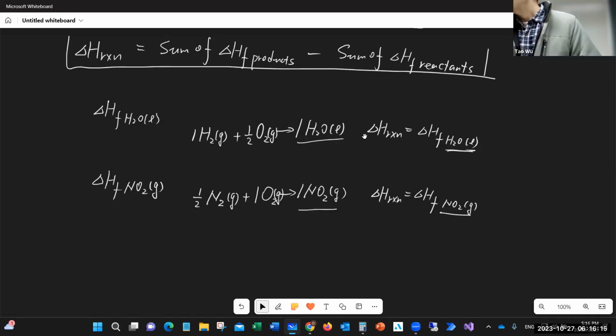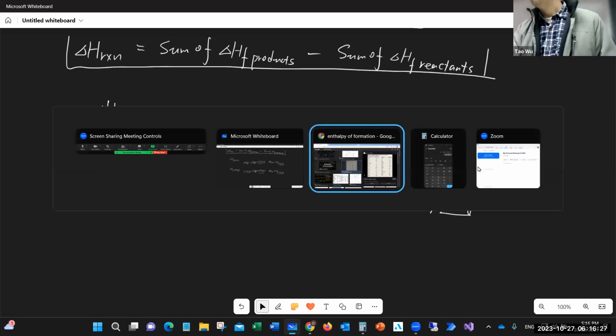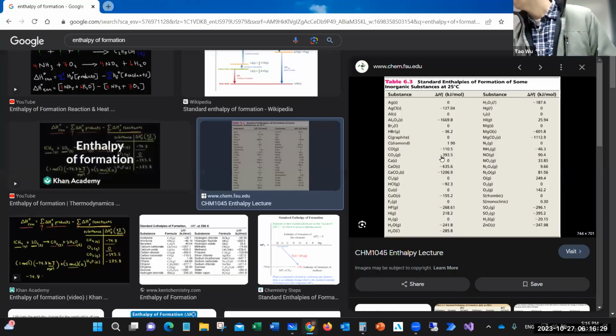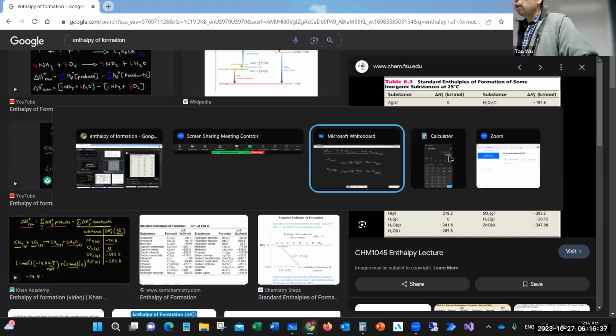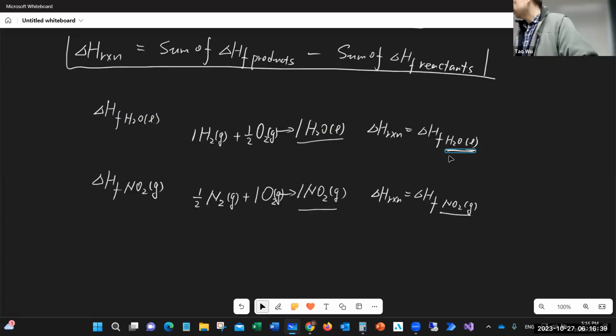We can calculate how much heat is produced from this reaction. Then we can figure out what the enthalpy of formation of this reaction is. So generally, I'm just telling you this number is coming from the chemical reactions, and this reaction is what we call the enthalpy of formation reaction.